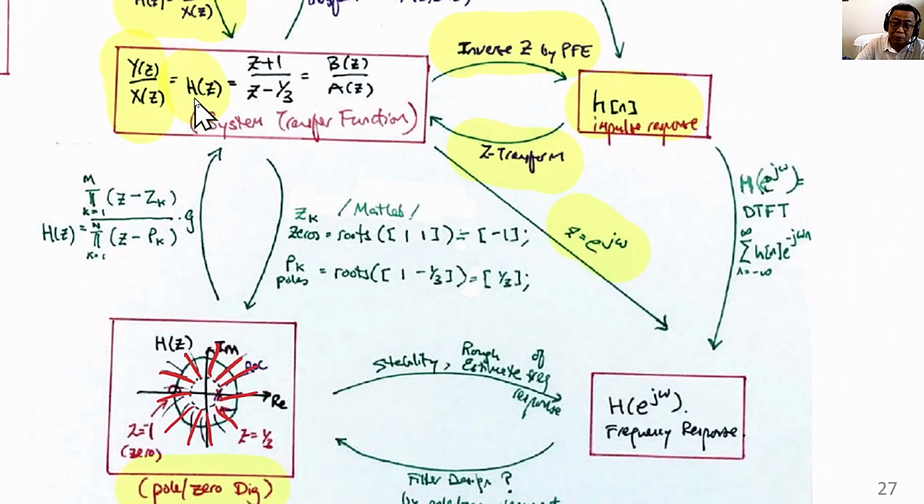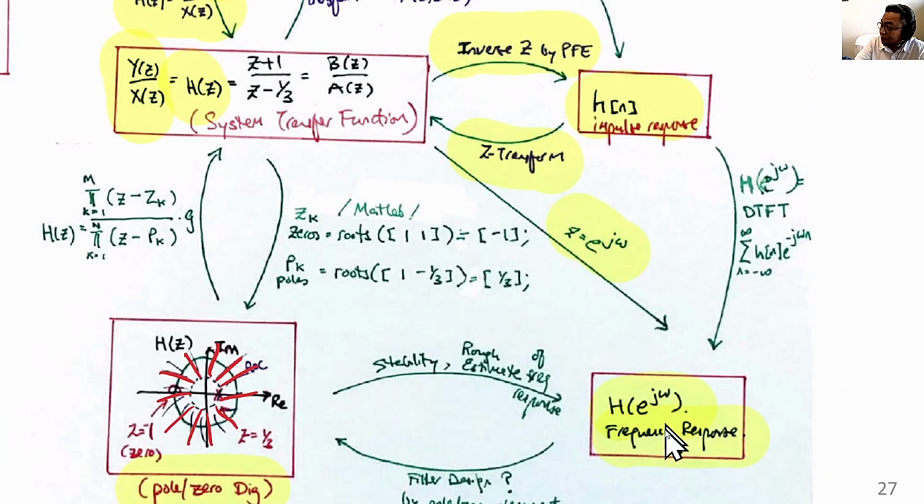This is a very special place, the unit circle, because H of z on the unit circle is the frequency response for different e to the j omega. A complex exponential that is rotating at omega, that is not growing or decaying. It is 1 times e to the j omega.